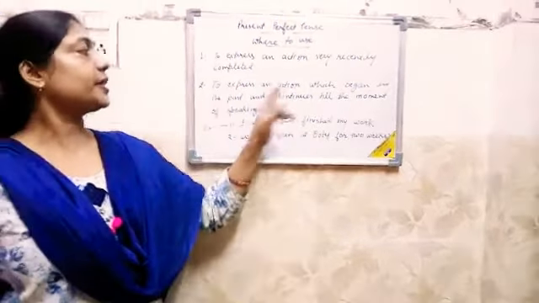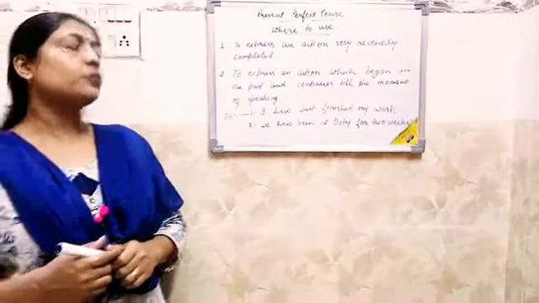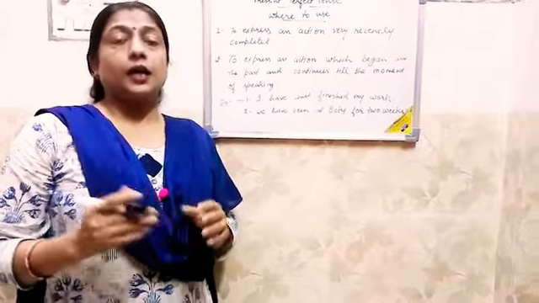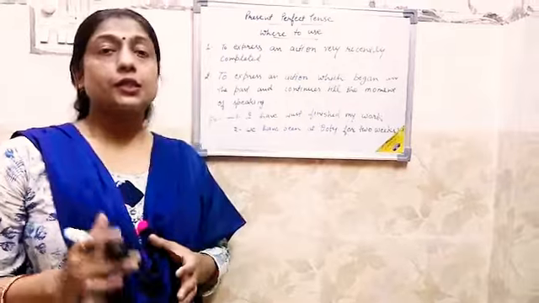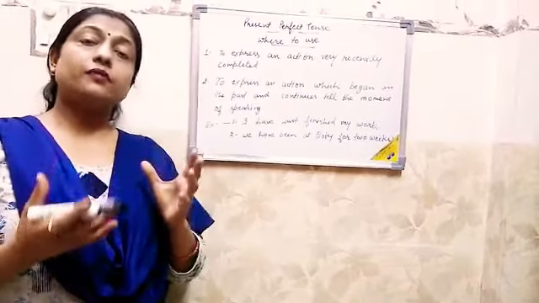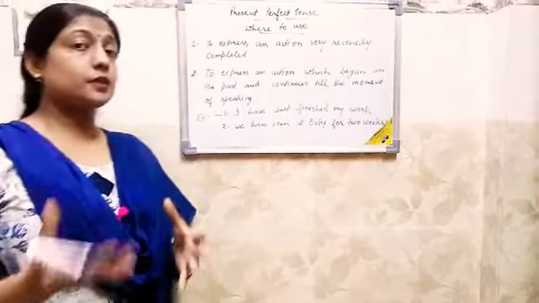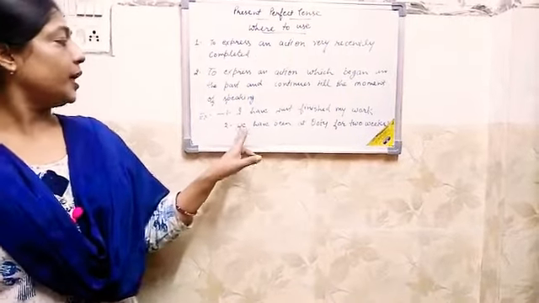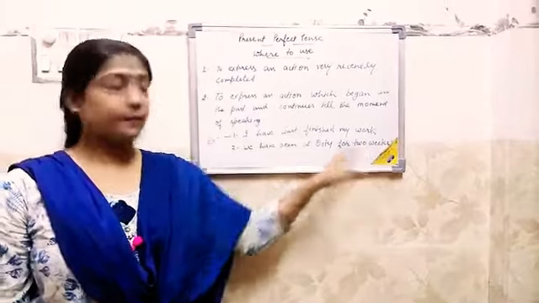Next one, to express an action which began in the past and continues till the moment of speaking. Sometimes it shows the continuing action also. Continuing action means some action that was started in the past, but it is still going on. It is still in continuation. For example, we have been at Ooty for 2 weeks.